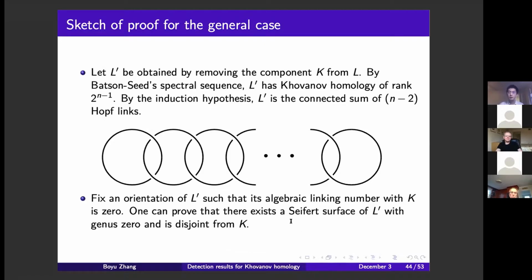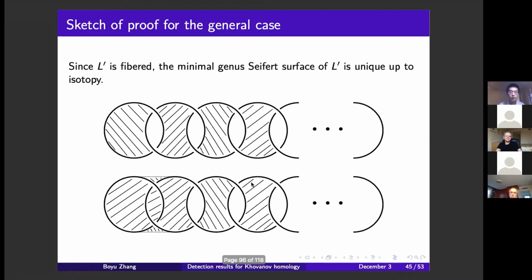That's from the topology. Another way of describing the link is that we take an arc on the Seifert surface that starts from here and goes across the crossings alternately. So it goes across the top crossing first, and then this crossing, and then that crossing, and this crossing, and then it goes all the way to the other side of the link. Then that's an arc on the Seifert surface.